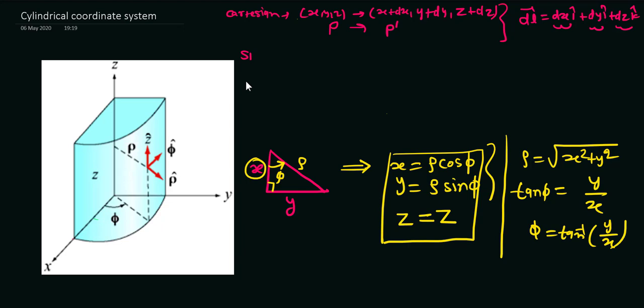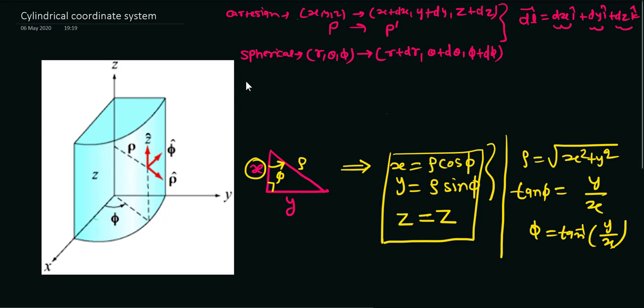We saw in the earlier videos, in the case of the spherical coordinate system, let's say we are initially at point r, theta and phi, and we are moving from this point a small distance, and the coordinates of that point are given by, let's say, r plus dr, theta plus d theta, and phi plus d phi.